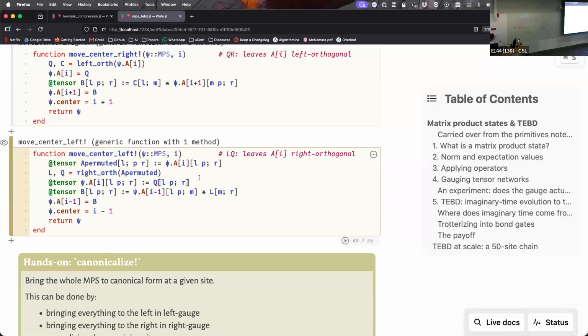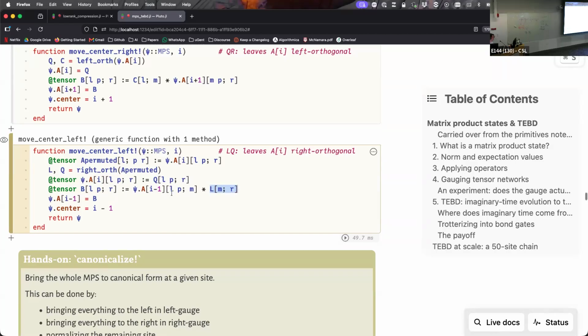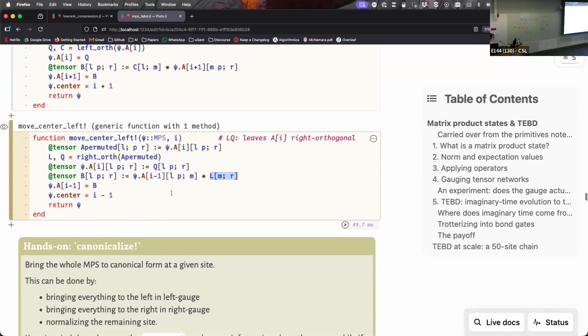Right? And I absorb my L factor on the previous site. Does that make sense? Wouldn't it be LQ of L semicolon PR? No. Sorry, can you say that again?